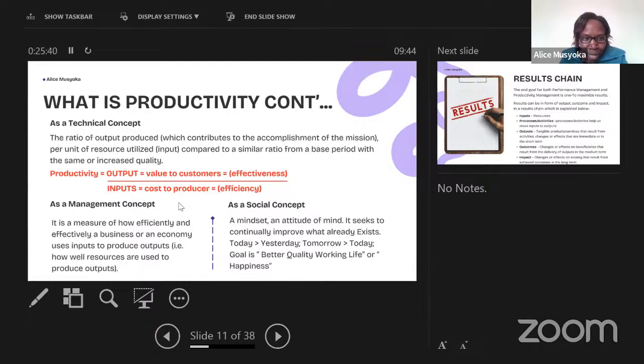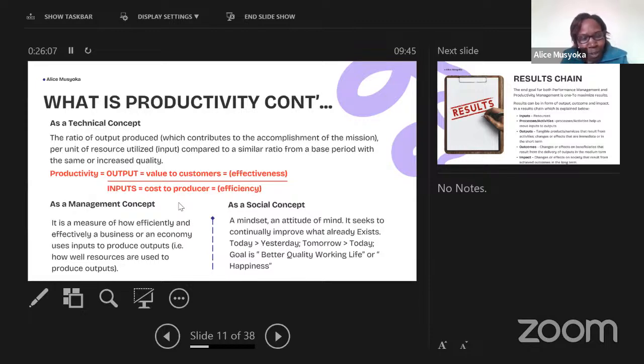So if you want to think of an output, then you think about what is it you are measuring? What is the KPI? What is the unit of measure? The unit of measure can be numbers, can be percentages, can be ratios. If you are in finance, I know some of us measure our KPIs using ratios. So all that becomes an output, isn't it?